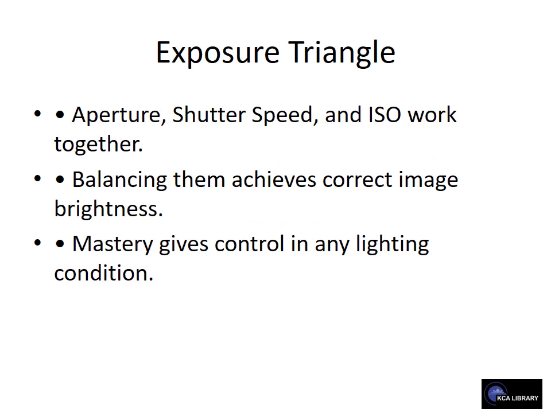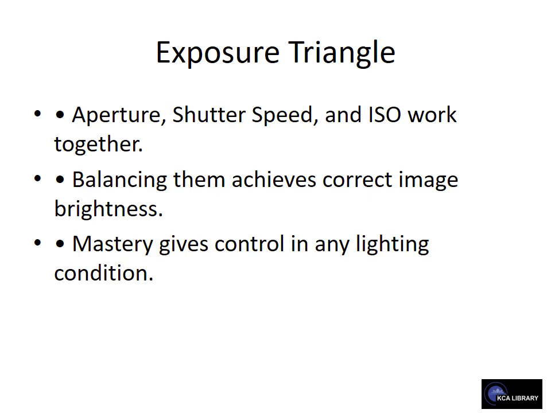Now talking about the exposure triangle: the aperture, the shutter speed, and the ISO all work together, and balancing them helps you to achieve correct image brightness. Mastery gives control in any lighting. The exposure triangle is a concept in photography that describes the relationship, just like I said earlier, between aperture, shutter speed, and ISO in controlling the brightness of an image.